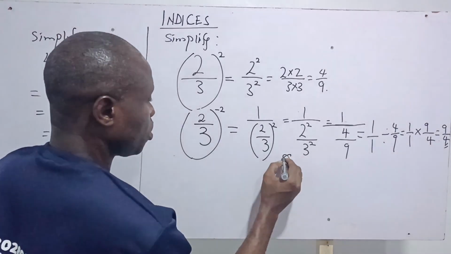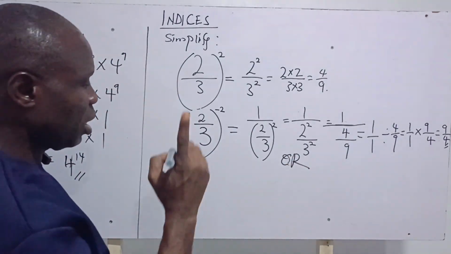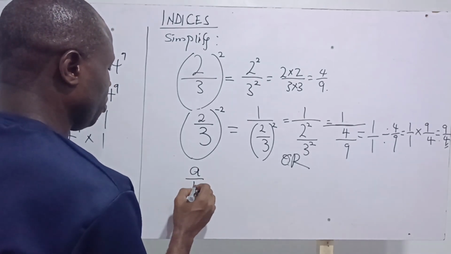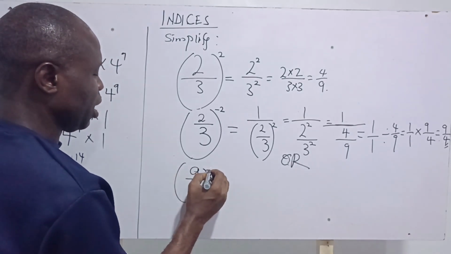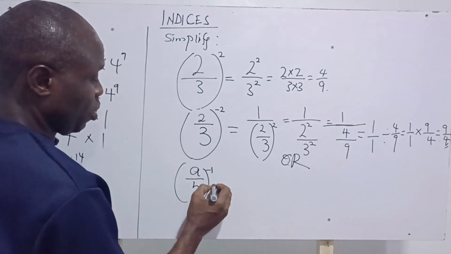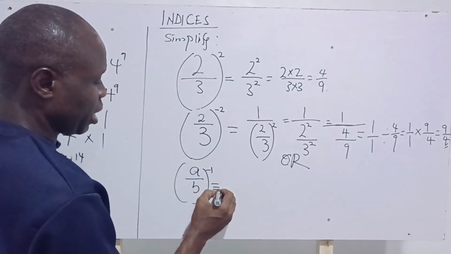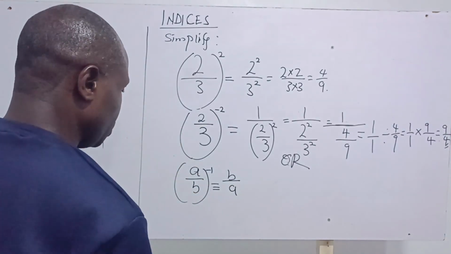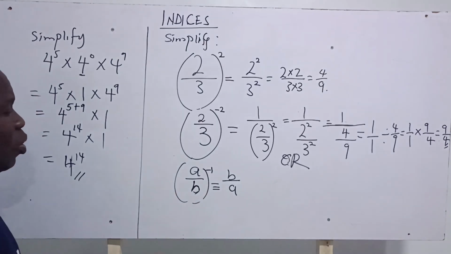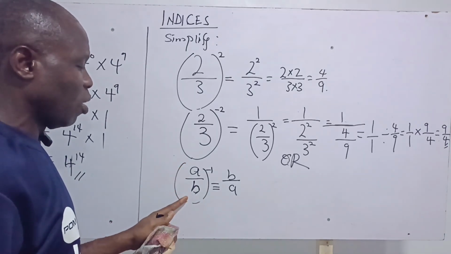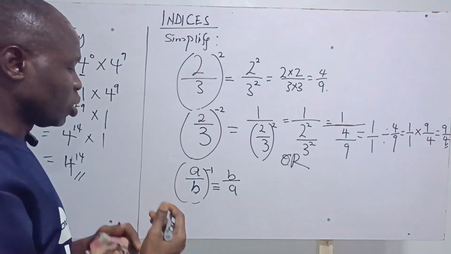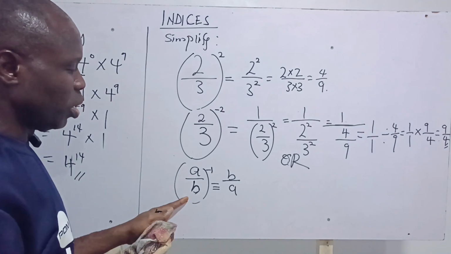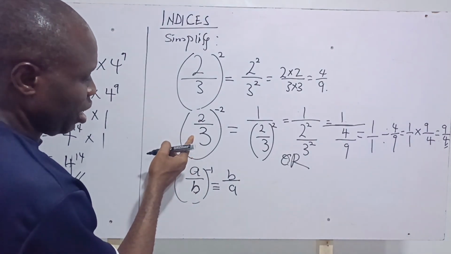Another way: in the law of indices, when you have A over B raised to the power of negative, you can simply express it as B over A. There will be an inversion. B will go up while A will come down. The fraction will change, so the numerator becomes the denominator and the denominator becomes the numerator.